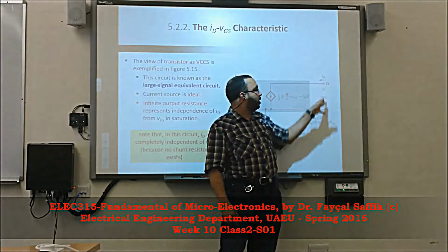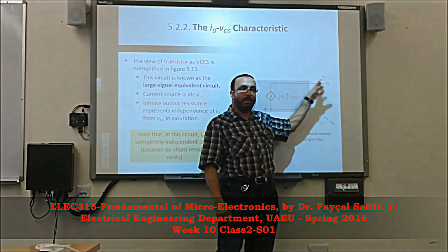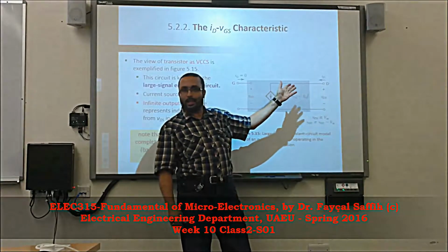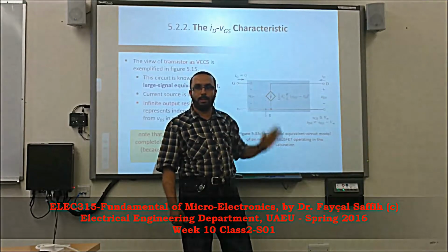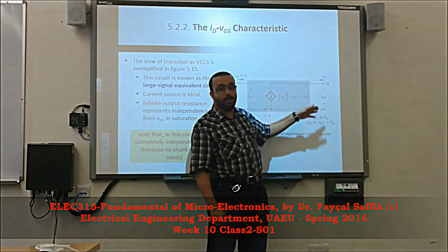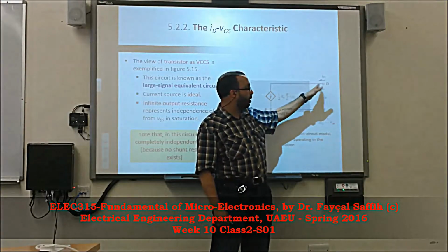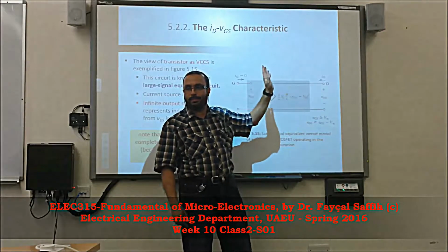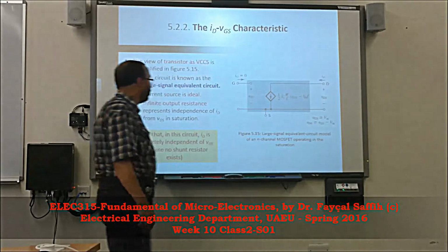Why? Because the voltage VDS does not control the current. So delta VDS divided by delta ID is going to be 0, because it's not dependent on VDS. And we said that resistance is so huge, we call it output resistance because it's at the output, that we can basically ignore it completely. And that's why it's deleted.